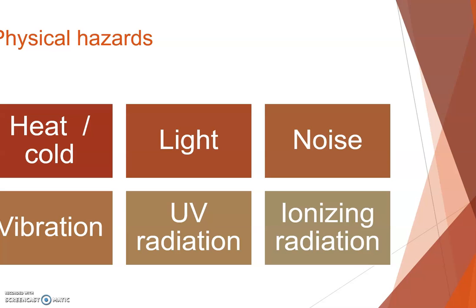There can be occupational hazards due to noise, due to vibration, due to ultraviolet radiation, and due to ionizing radiations. So in an environment in which the worker is doing his job, he may be exposed to different physical hazards depending upon the type of his job.